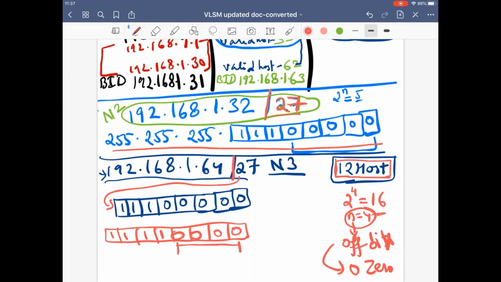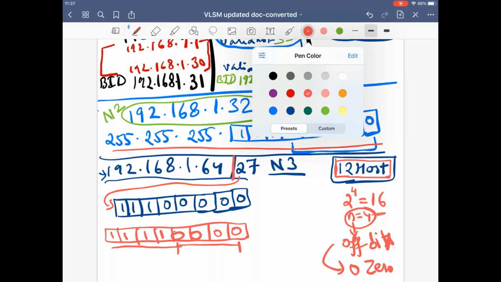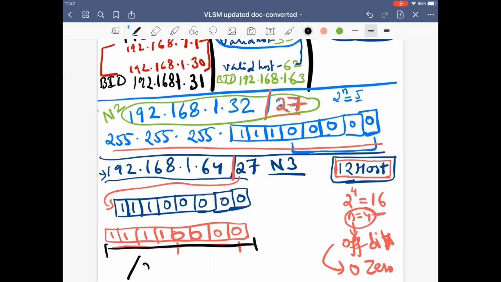So here, this is the last octet. That means /24 plus 25, 26, 27, 28, so /28. The subnet mask has changed.